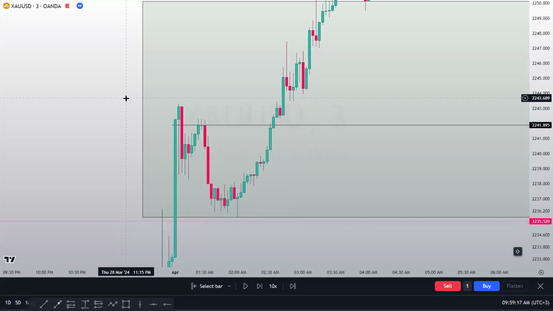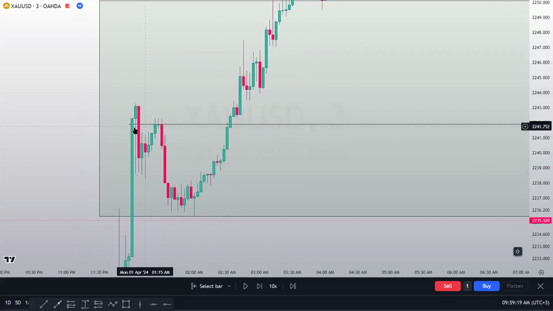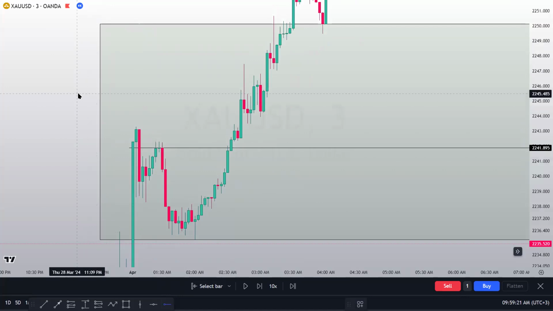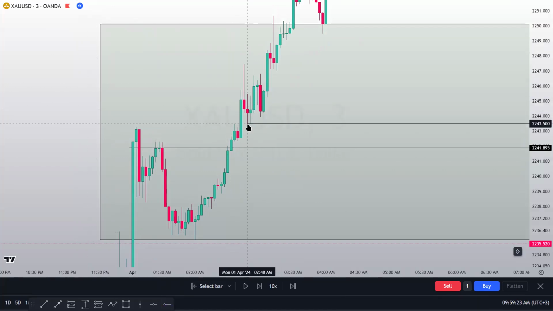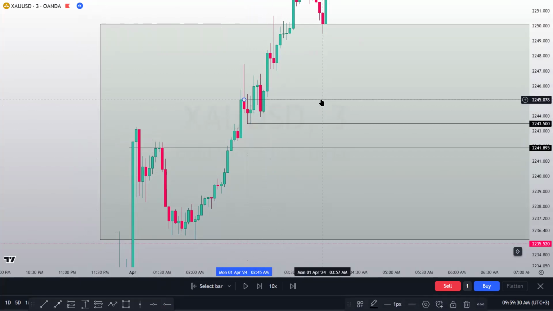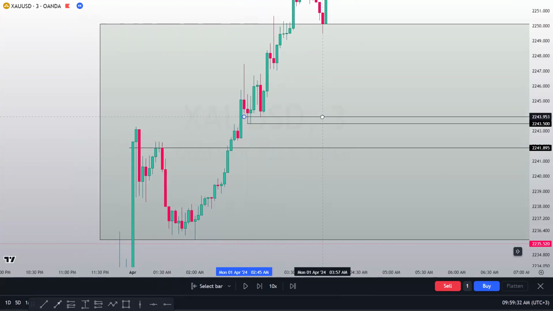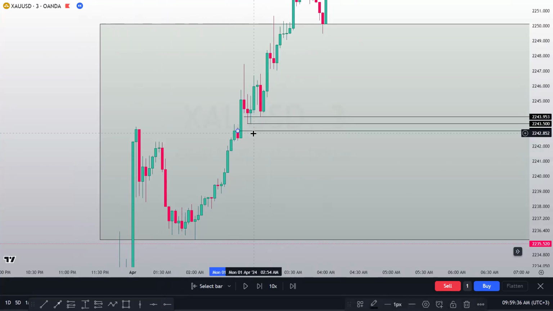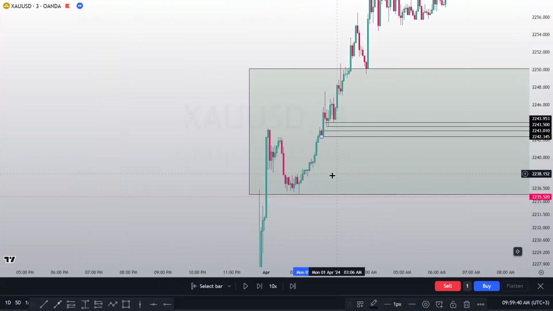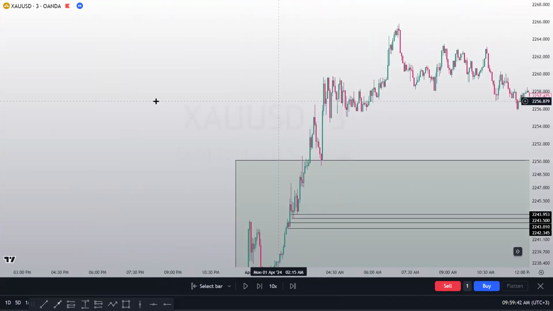And on the issue of liquidity consumption, if you observe clearly on these areas, we are having minor liquidity areas, but the market came, as you can see, and tried to consume it. I remember marking my entry on this point, from here to here, and also from this area to this area, but the market came and stopped me out. Later on, the market came and stopped me out.